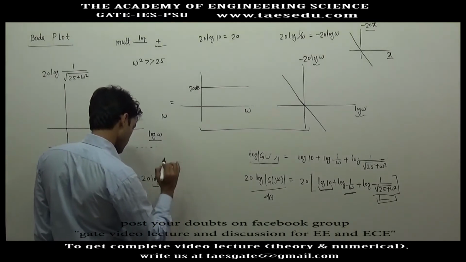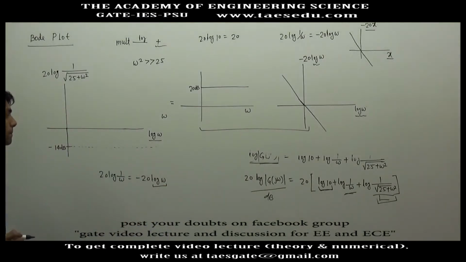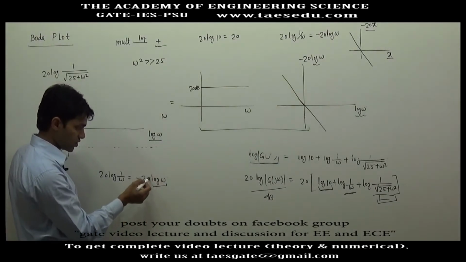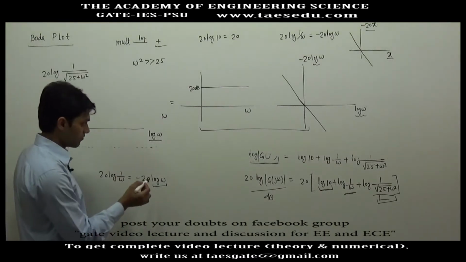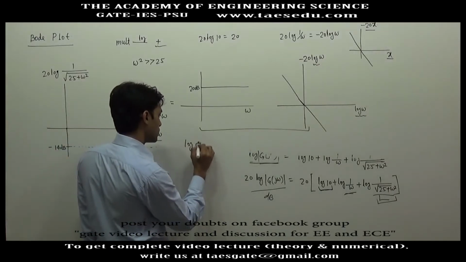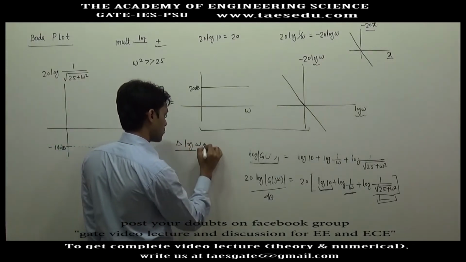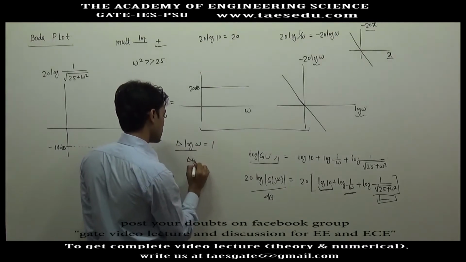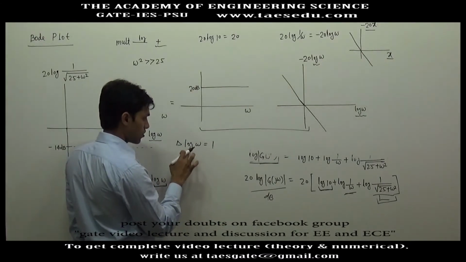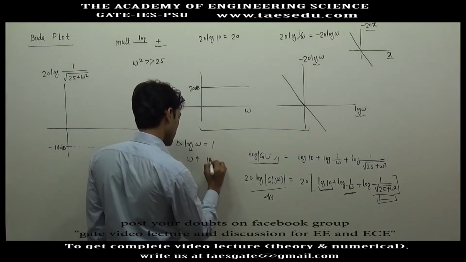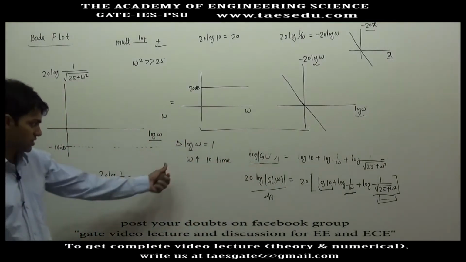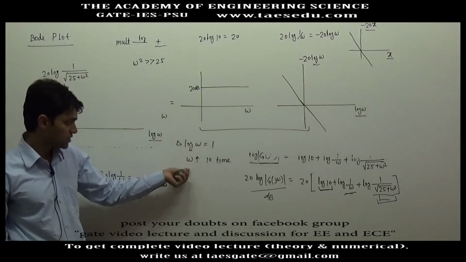For 1 unit of change in log ω, we will have a decrease of 20 dB. When will log ω change for 1 unit? To get 1 unit change in log ω, you will have to increase ω 10 times. So if ω changes 10 times, we will observe this, we will do these things many times in examples.